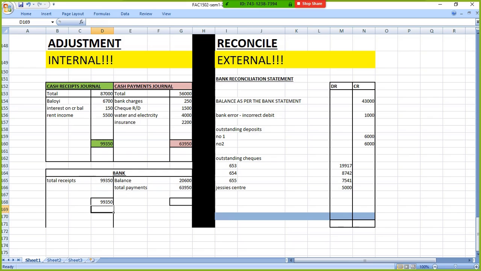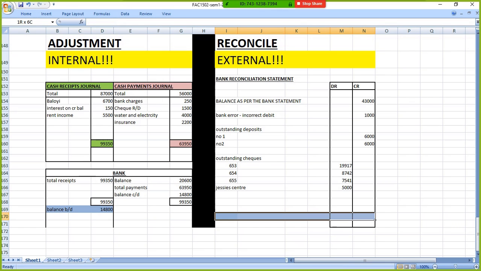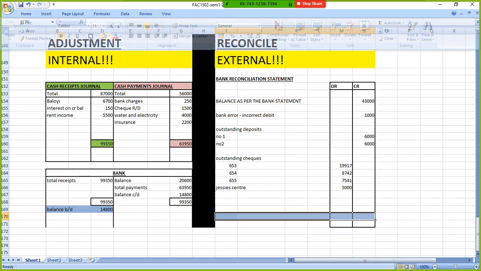That does look bigger. Okay, there's the balance we're looking for. Right, so if all goes well, we should end up with the same balance. We're hoping for that balance on this side as well.